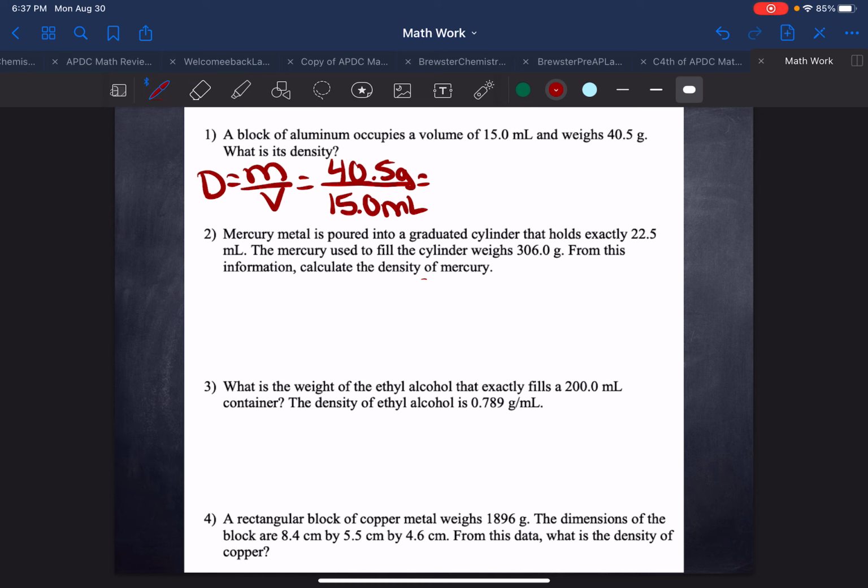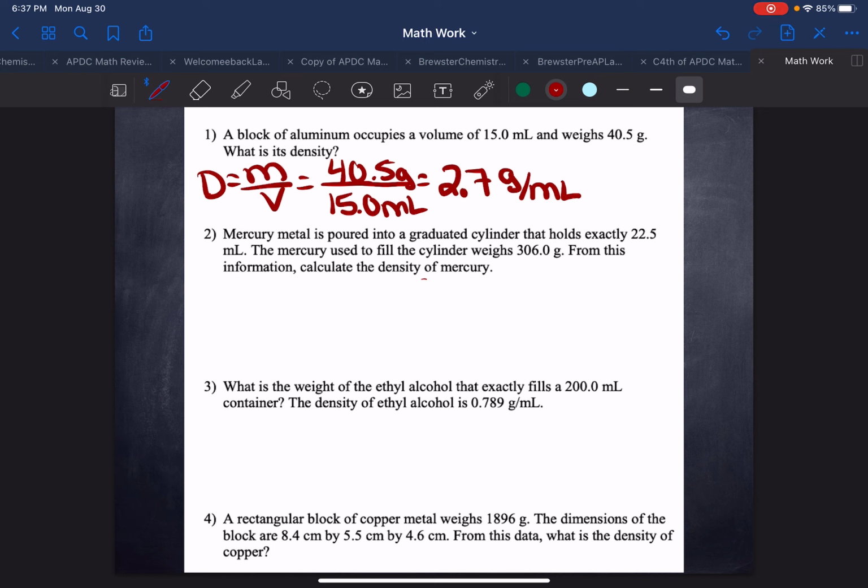Now, I do expect you to write your units and label. We have no naked units, so take your time to write it. That's how we double check ourselves to make sure we have them in the right spots. And when I perform the math here, I'll get 2.7 grams per milliliter.